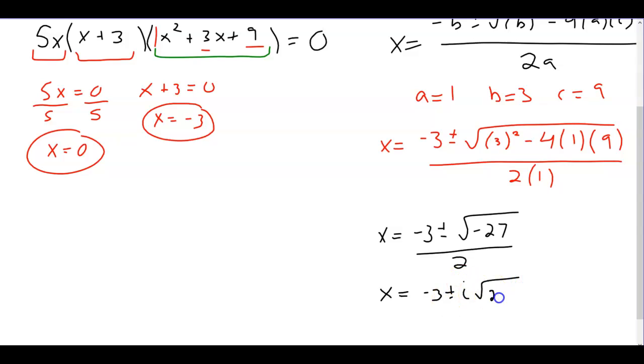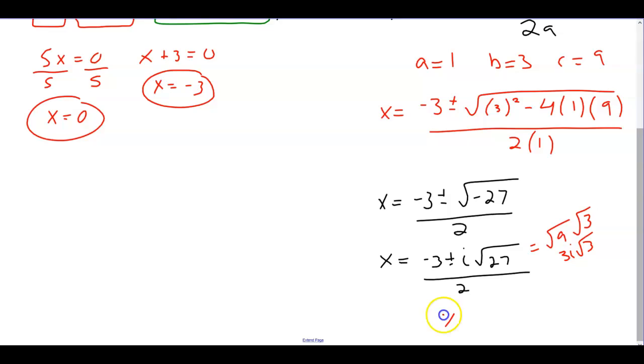So I could call that i square root of positive 27 over 2. But we still need to simplify our 27. 27 is a perfect square of 9 times 3, like we did with our purple chart first semester, which is 3 square root of 3. And we do have that i in there, so I'll call that 3i square root of 3.